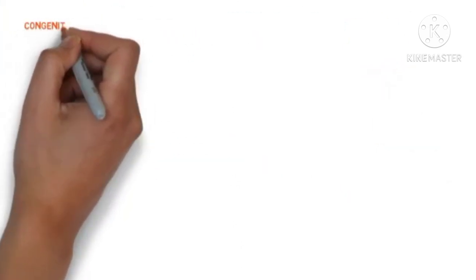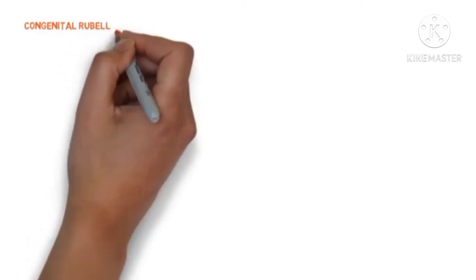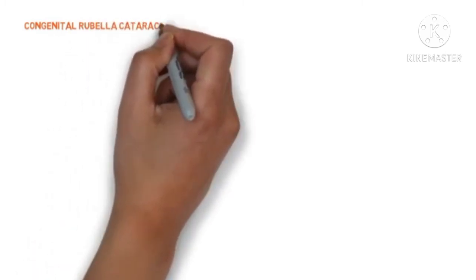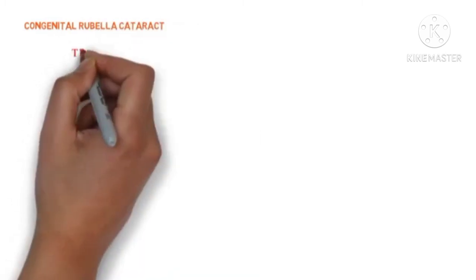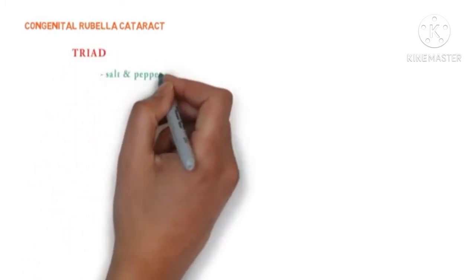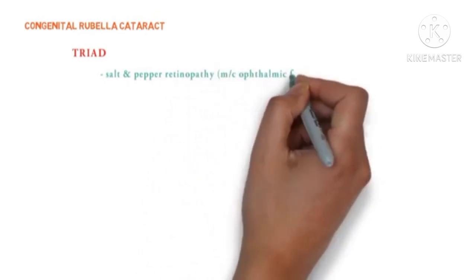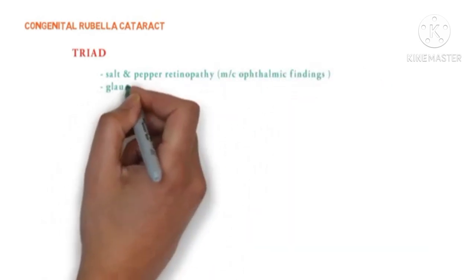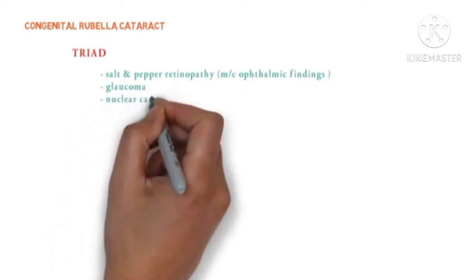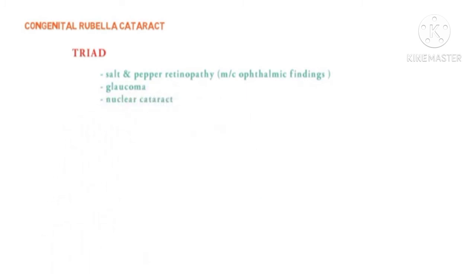The next, we must know about congenital rubella cataract, and it occurs generally as a triad. There is salt and pepper retinopathy, which is the most common ophthalmic finding in congenital rubella cataract, or there may be glaucoma, or there is a nuclear cataract. So this is the triad of congenital rubella cataract.